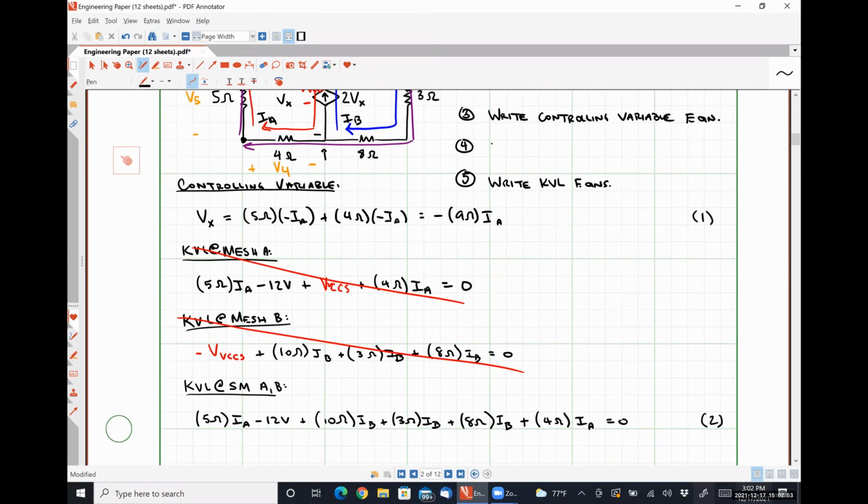Step 4 is write current relationship equations for our current sources.